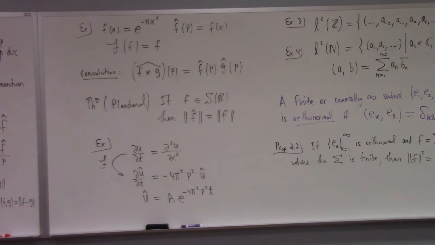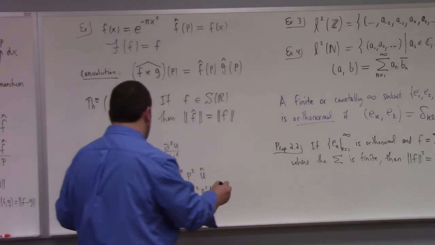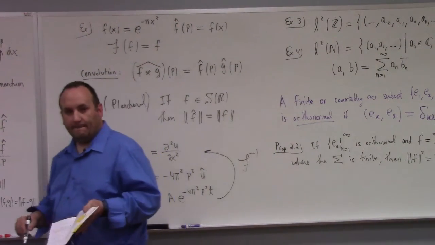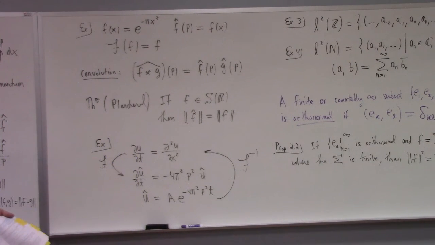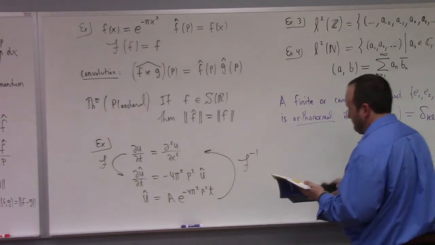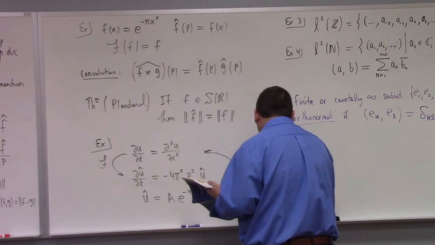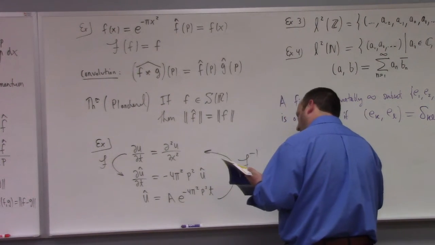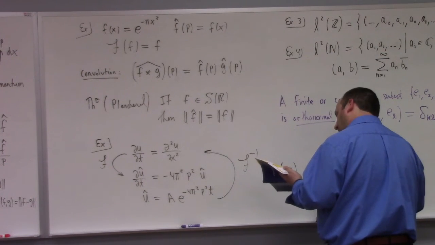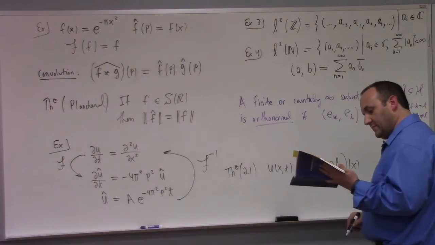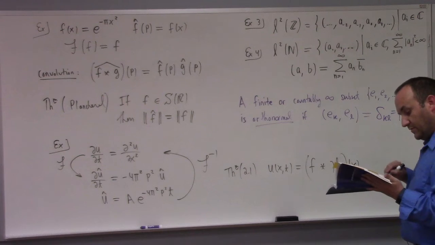And so then, to get the solution back, you want to take something like the inverse Fourier transform. And it turns out in the process of doing that, you incorporate the initial heat distribution for the problem. In particular, theorem 2.1 tells us that the solution, u of x, t, is equal to f convolved with the heat kernel, h_t of x, where h_t is the heat kernel, quote unquote.